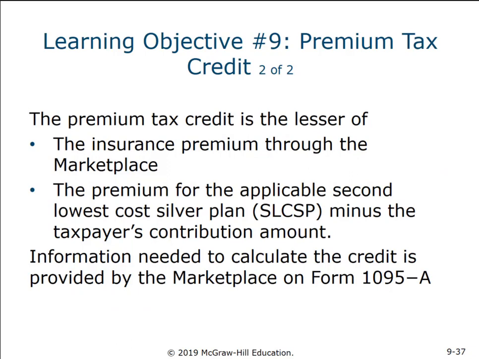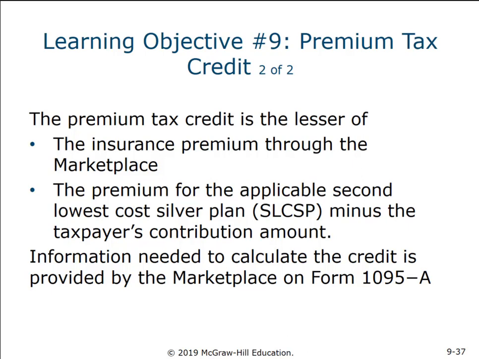So you're comparing how much you paid for health insurance, or how much the plan that you could have chosen costs, compared to what you should have paid based on your income. So there's this calculation that goes in steps. You first take your income, you'll see where it compares to the federal poverty level based on the size of your family. That tells you, based on where your income is, what percentage of your income you should pay towards health insurance.